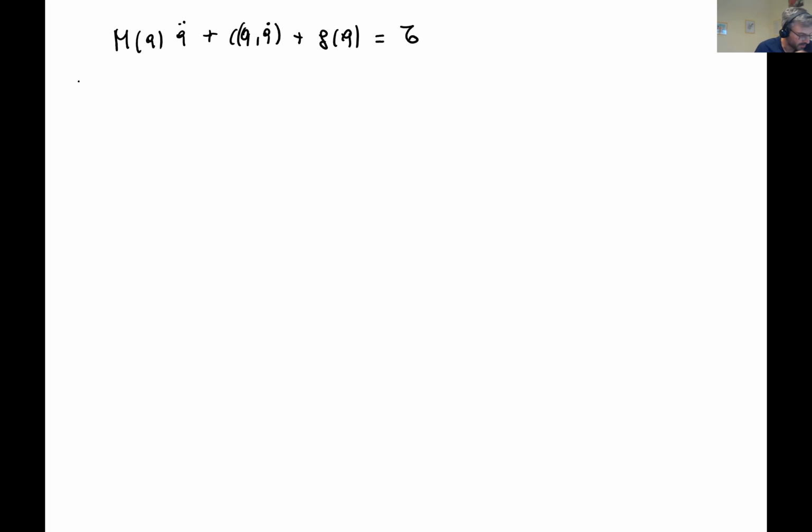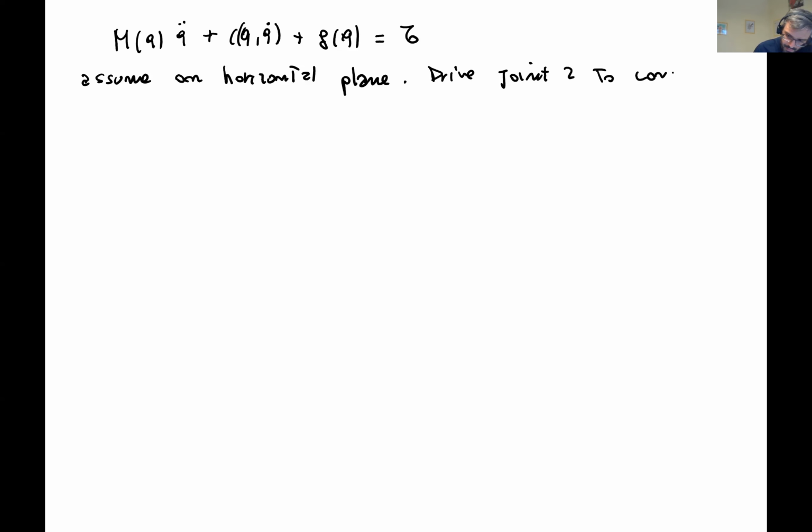And now we want to assume that we are in the horizontal plane, and we want to drive joint 2 in a way to compensate couplings from joint 1 motion.